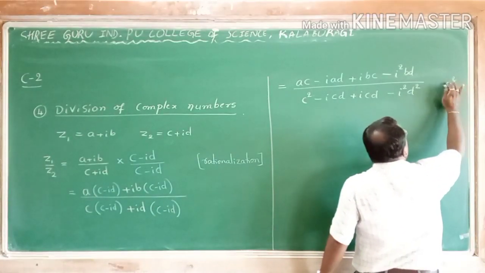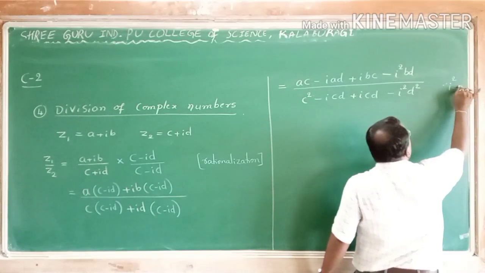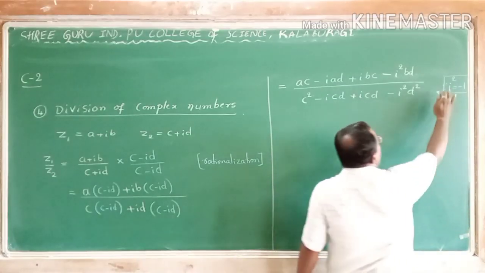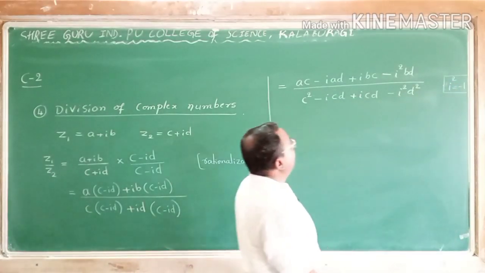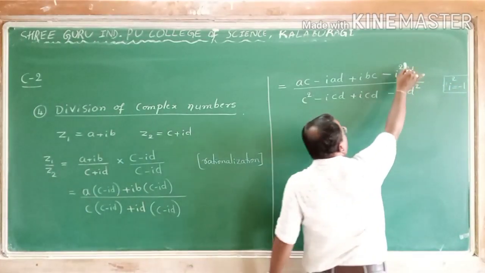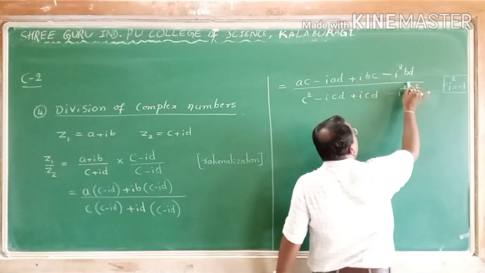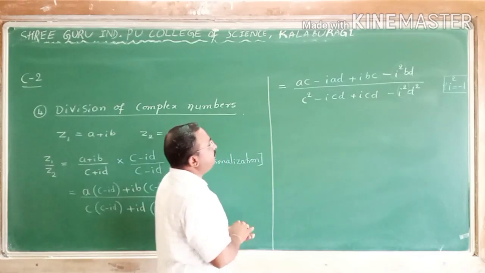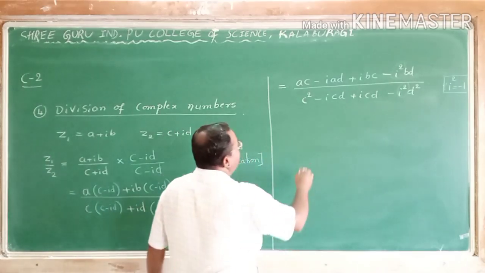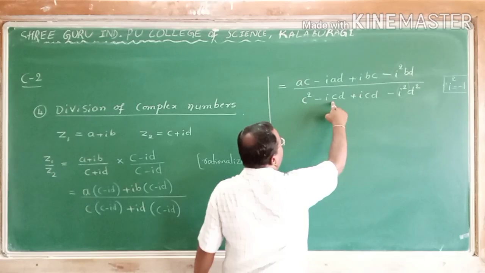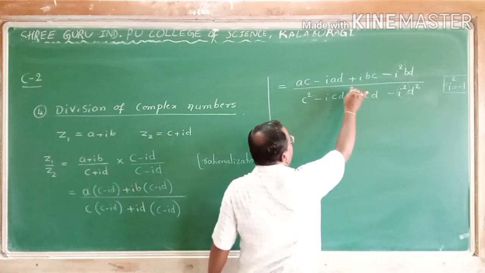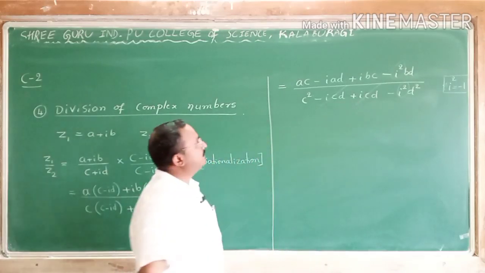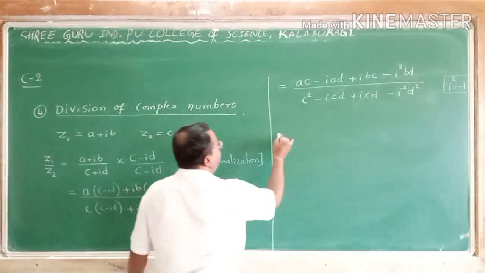I square value is equal to minus 1. Here this is i squared, this is i squared, value is minus 1. Here minus i times cd plus i times cd get cancelled. Positive and negative cancel.